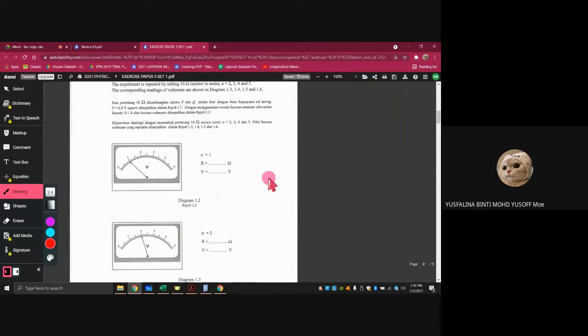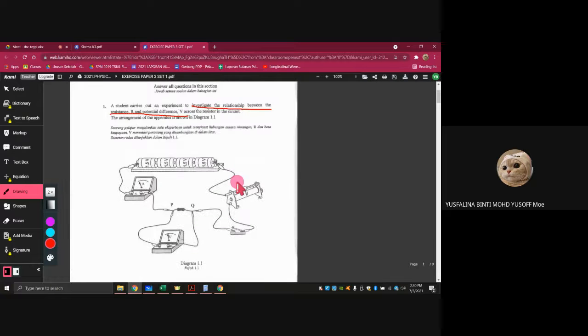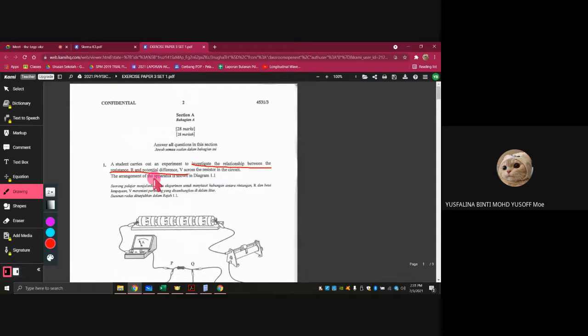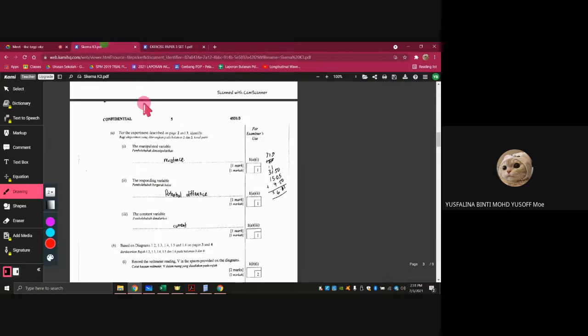You can see here, you calculate R, isn't it? If you calculate R, it means the resistance is the manipulated variable.